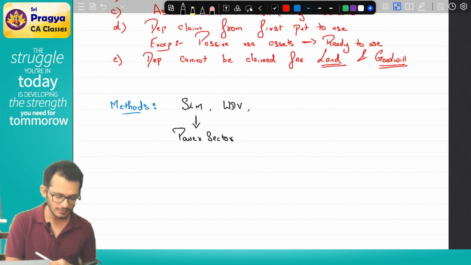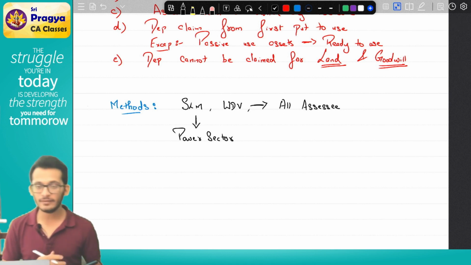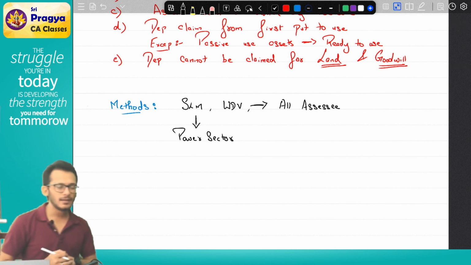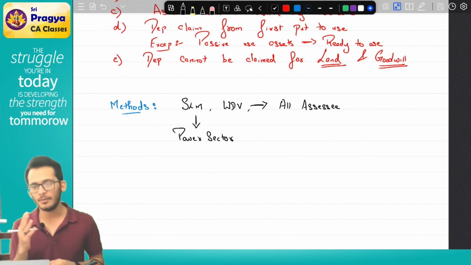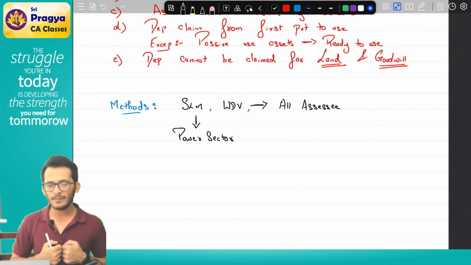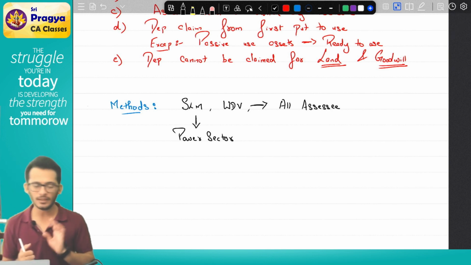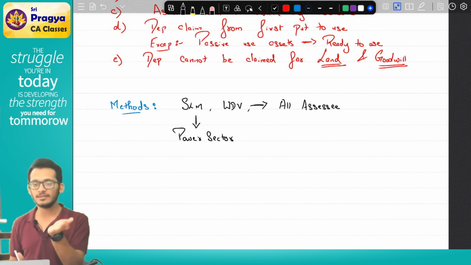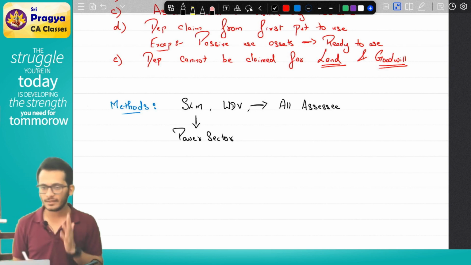That means the WDV method is for all assessees. Income tax says accounts may tell you to do depreciation as per SLM or as per WDV, I don't care. In income tax, you can only do depreciation as per WDV, but you can do depreciation as per SLM also, provided you are power sector.